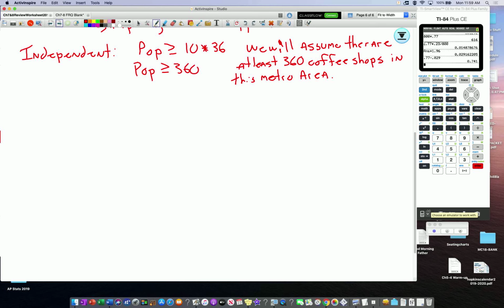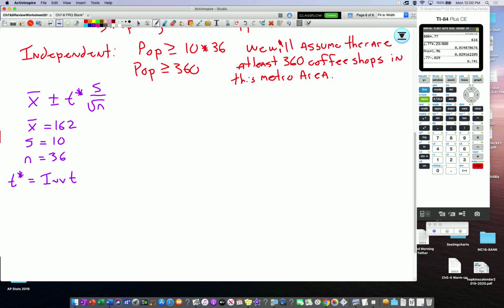All right, so now the interval: sample mean plus or minus t star times sample standard deviation over the square root of n. Up at the top, they actually give you these values. The average was 162, the standard deviation was 10, and our n was 36. To get t star, I'm going to use inverse t.